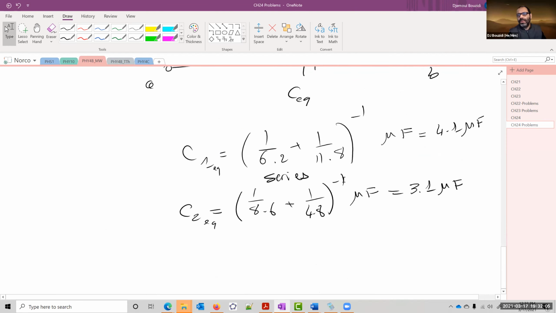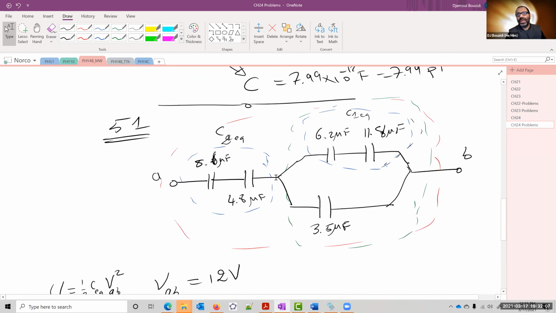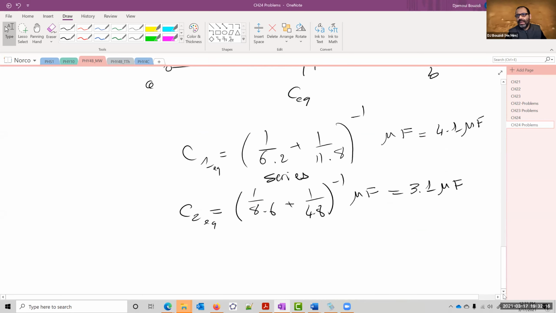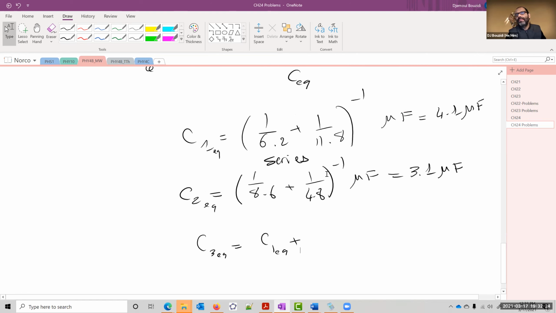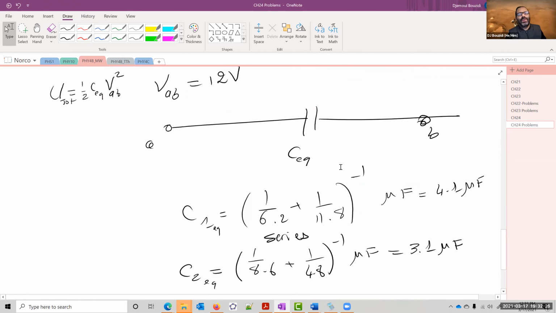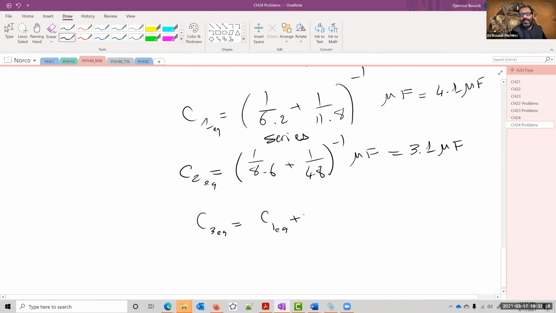Okay. Now, I need to deal with this thing in here, which I'm going to call C3 equivalent, which is just the sum of these two C's. Remember, because they're in series, they're in parallel, I'm sorry. So in this case, C3 equivalent is going to be the C1 equivalent plus this number, 3.5. So the 3.5 microfarad.